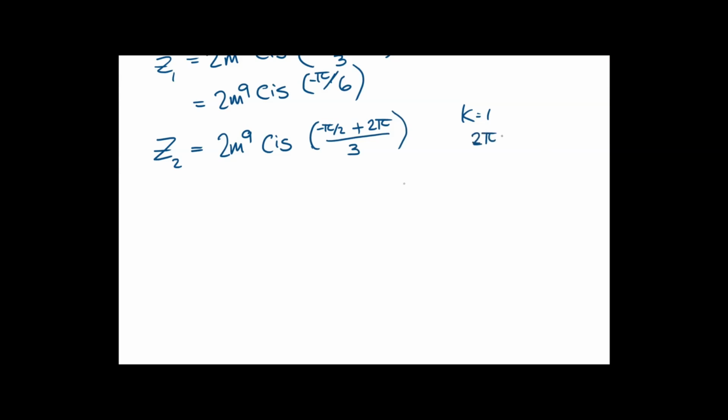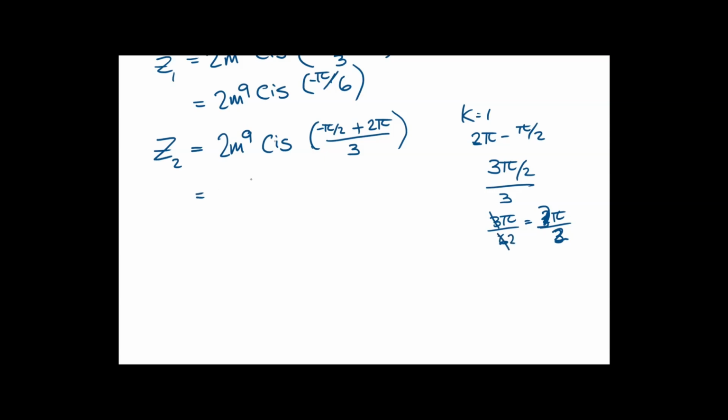So 2 pi plus pi over 2 is going to give us 5 pi over 2, then we divide that by 3, giving 5 pi over 6.